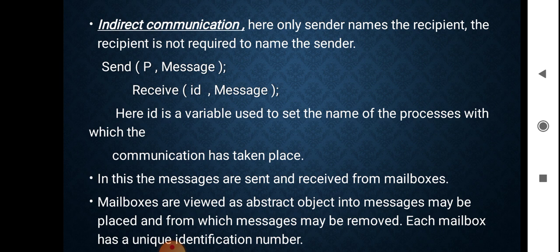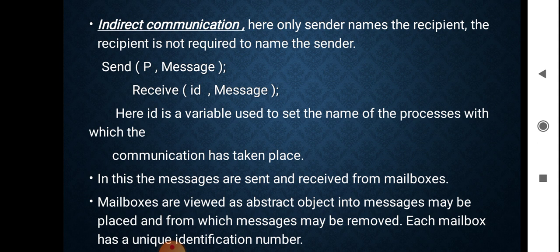Send, the process name, that is the destination process, and the message. The same is there, but in receiving, as I told, in the indirect communication only the sender is going to specify the recipient name. The recipient is not going to specify the name of the sender. So hence the receive primitive contains the ID and message.